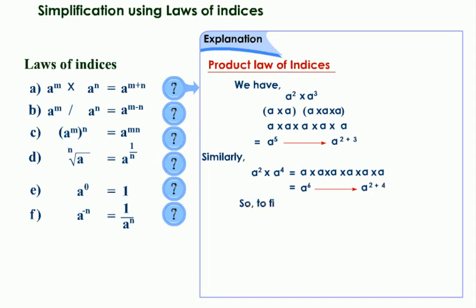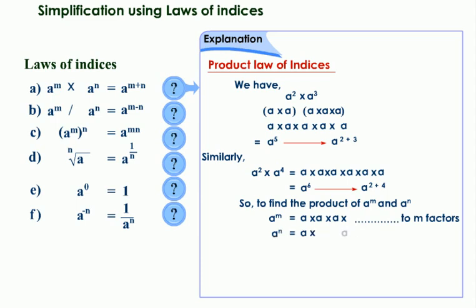So, to find the product of a to the power m and a to the power n, where a to the power m is equal to a into a into a and so on to m factors, and a to the power n equals a into a into a and so on to n factors.